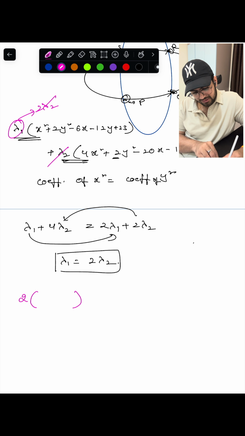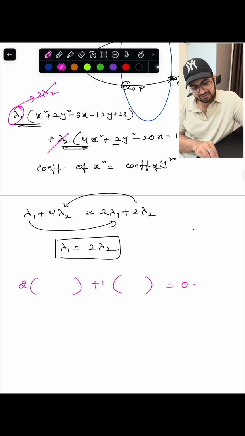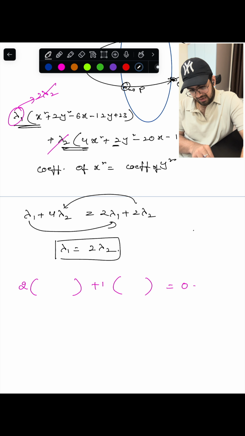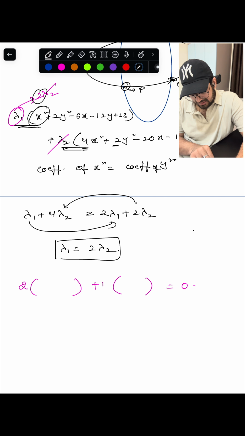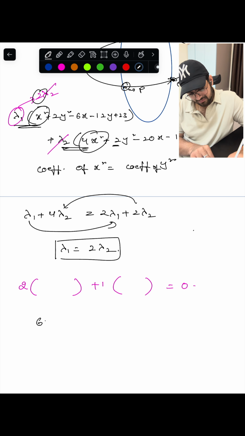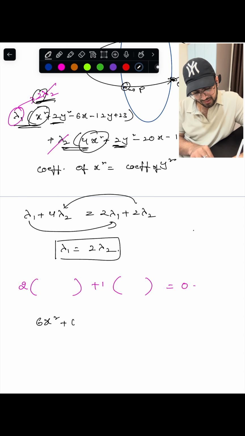We are ending up with 2 times of the first one plus 1 time of that one is equal to 0, right? So if you sum them up, you are getting 2x square plus 4x square, that means 6x square. 2 2s are 4y square plus 2y square, 6y square. Then next minus 12x minus 20x, which is minus 32x.